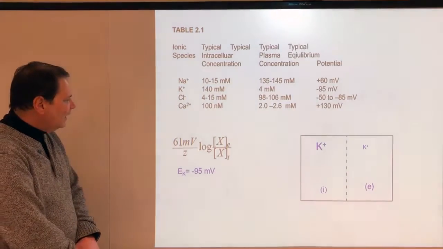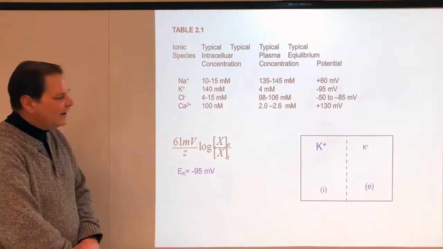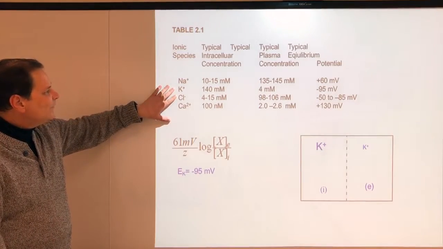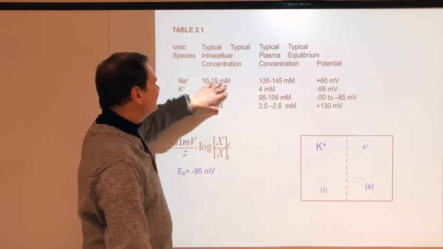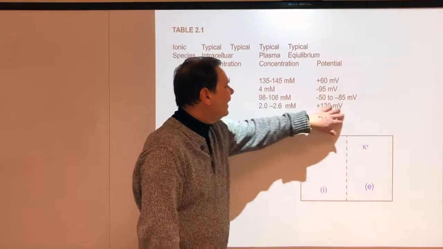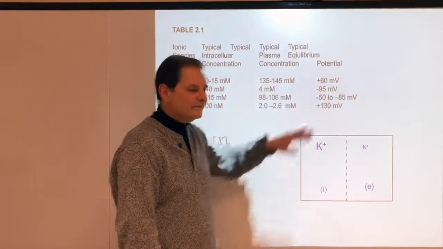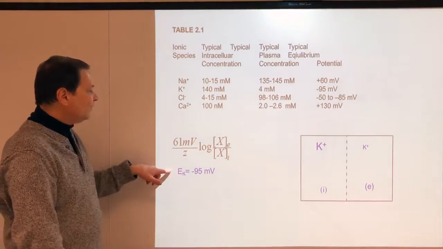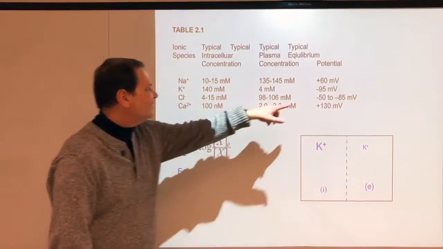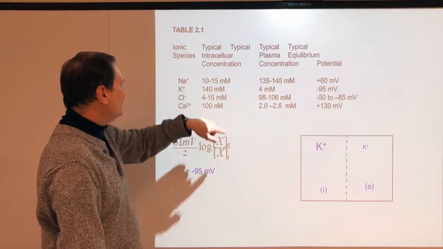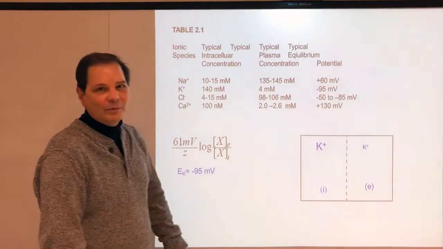So we talked about equilibrium potentials. This is a table with typical ion concentrations inside and outside of a membrane, and these are typical physiological equilibrium potentials. The equilibrium potential for potassium is about -95, and that's roughly what you get when you have 140 on the inside and 4 millimolar on the outside.